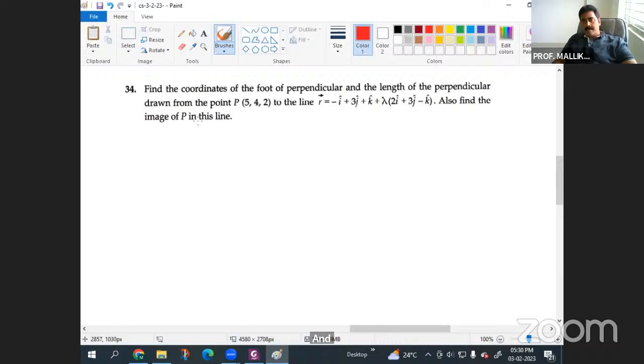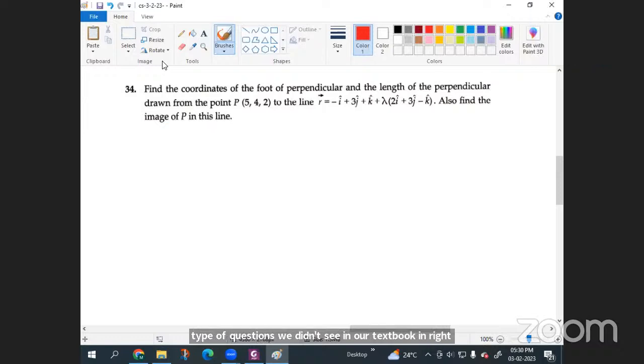Also find the image of P in this line. How to do this type of questions? We didn't see this in our textbook NCERT, right? Yes, sir.